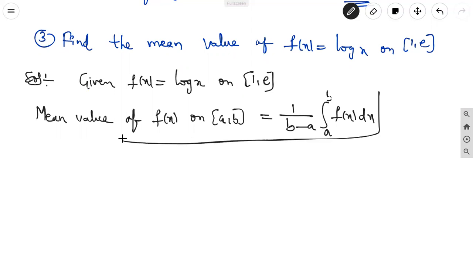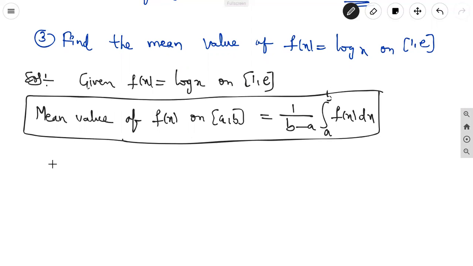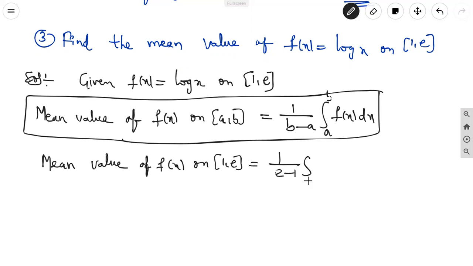It is the formula. Here, the mean value of f of x on 1 comma e is equal to 1 by e minus 1 integral 1 to e log x dx.